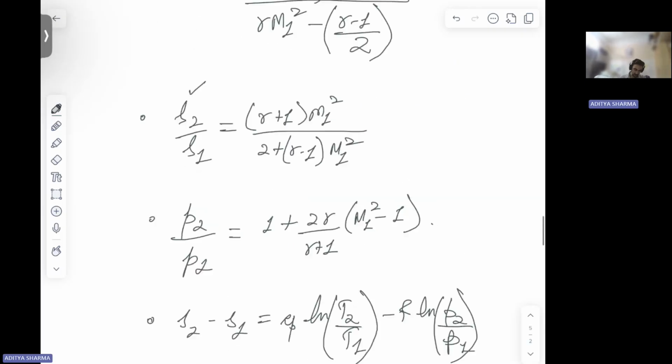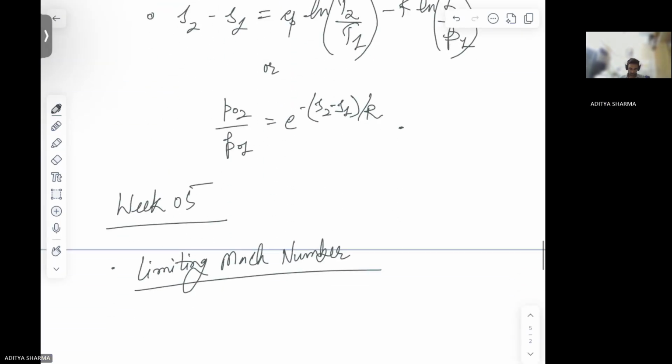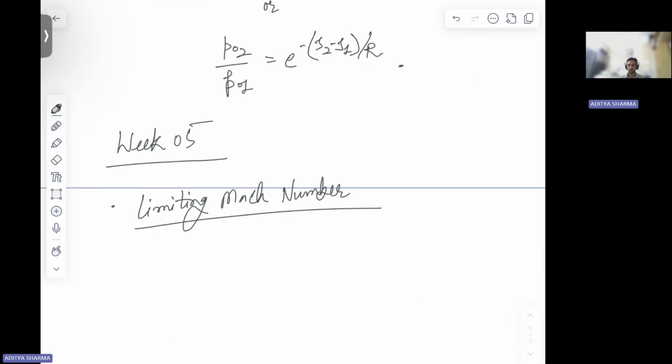So we have seen that with this normal shock your Mach decreases. Downstream of your normal shock, your Mach is going to decrease. But there is a limit to this decrease. Below a certain level, your Mach is not going to go down.